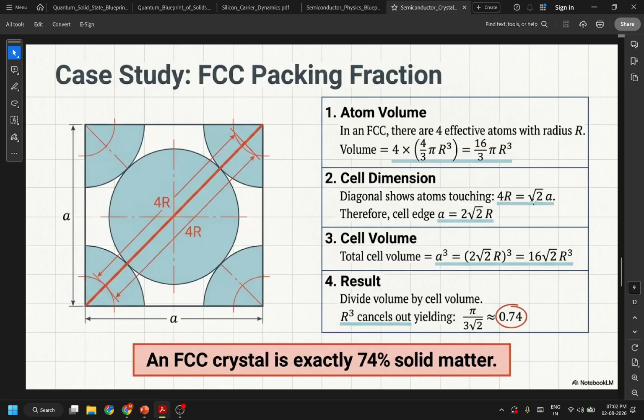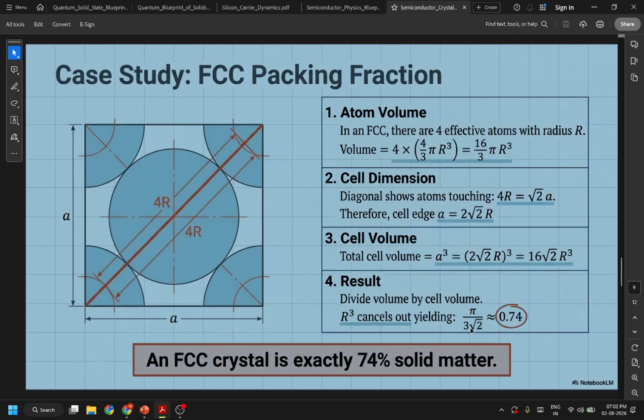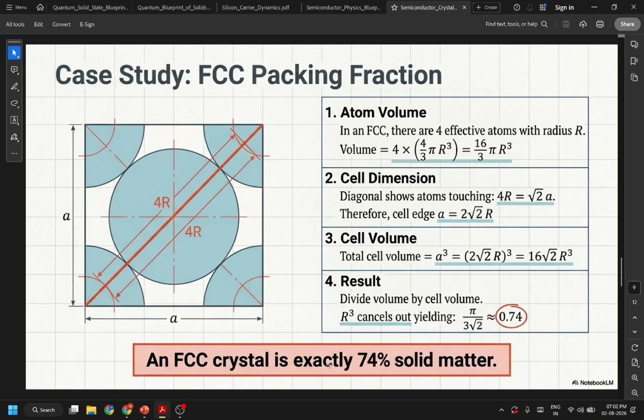So the diagonal is 4r, that is root 2 a, where a is the cell edge, which is 2 root 2 r. So the volume a cubed is 16 root 2 r cubed. Now when you divide this, r cubed cancels out, resulting in pi by 3 root 2, which is approximately 0.74. So in an FCC crystal, 74% is solid matter and the rest is empty space.